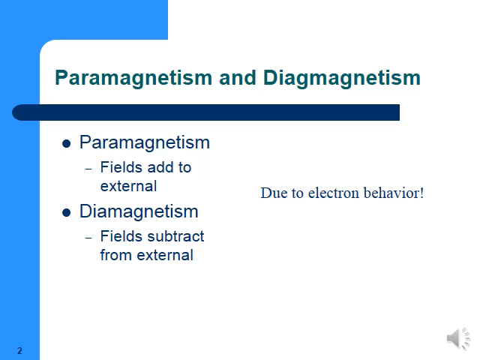But other metals experience paramagnetism and diamagnetism when subject to a magnetic field. So we're going to talk about what those things are. Paramagnetism actually generates a field that adds to the external field, whereas diamagnetism opposes the external field. And what we're going to learn is that each of these effects are due to electron behavior.